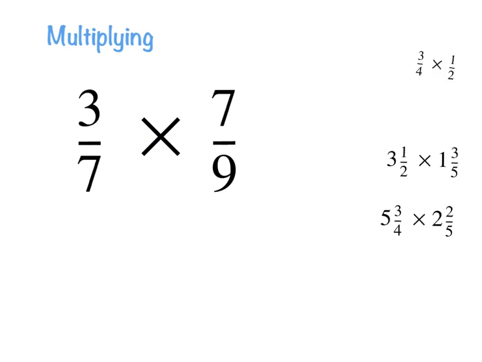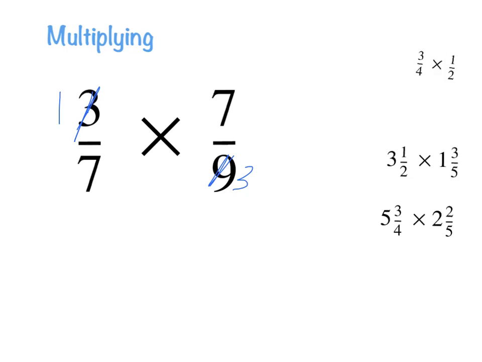When I look at this, instead of having to simplify at the end, I can simplify as I go. So 3 and 9, what's the highest common factor, the same whole number that goes into both 3 and 9 without a remainder? The answer? 3. 3 goes into 3 once, 3 goes into 9 3 times.